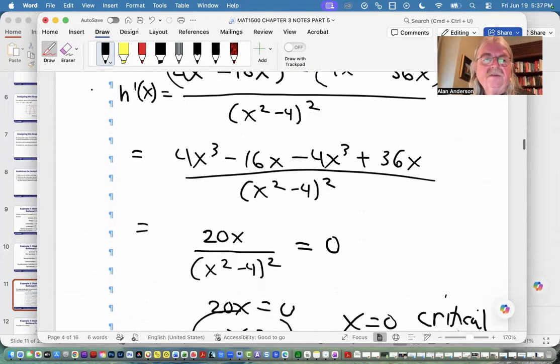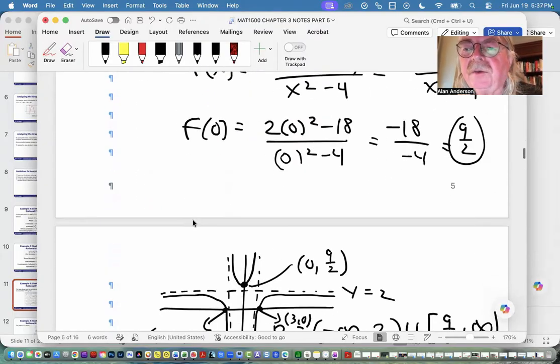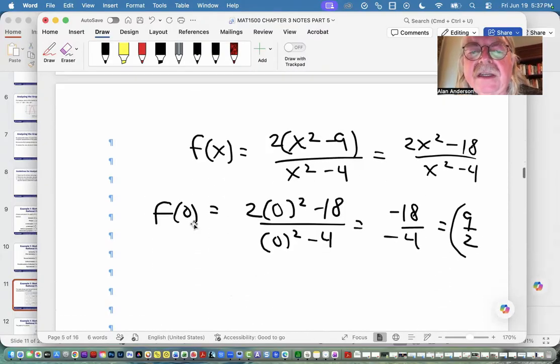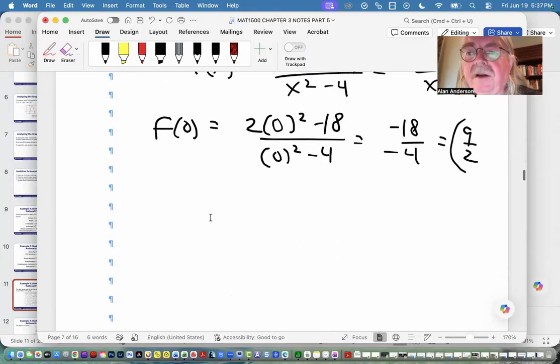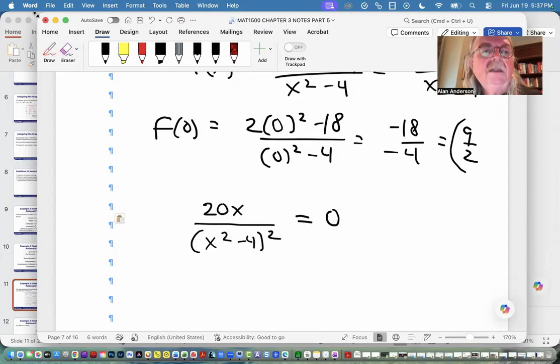This is the first derivative. So we set it equal to 0 because we were looking for critical numbers, but now we want to take the second derivative and see if we can identify for ourselves any points where it's concave up and down. All right, here we go.